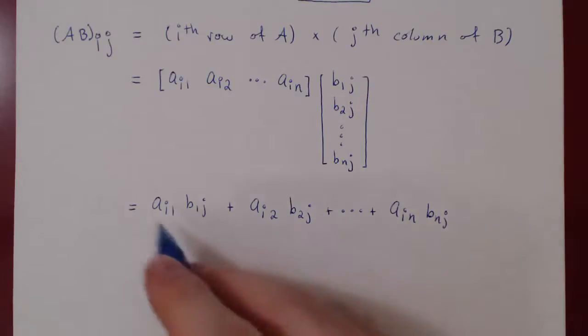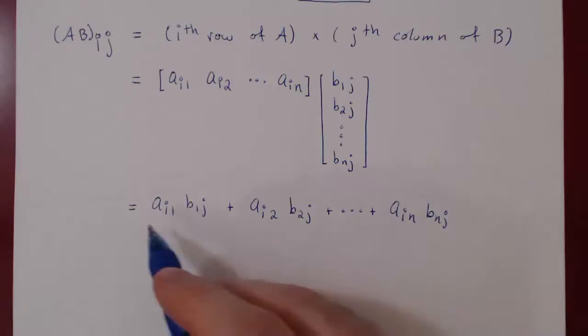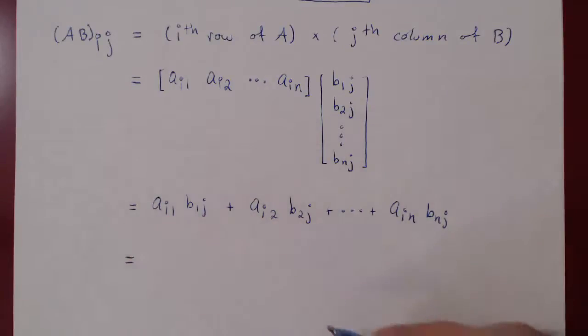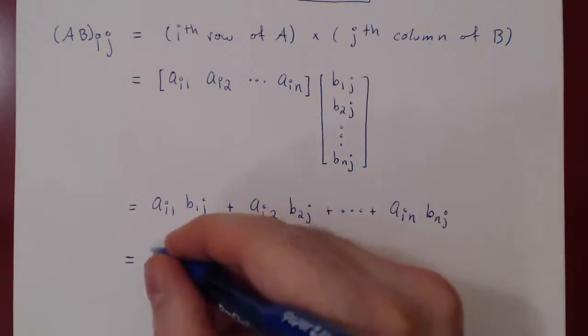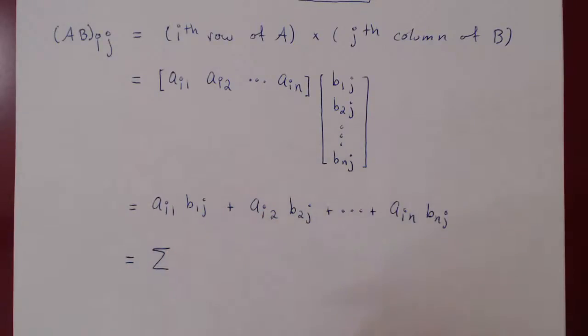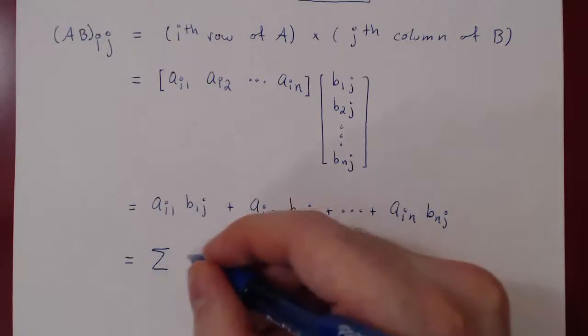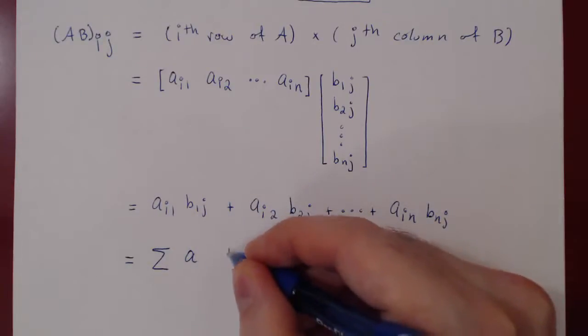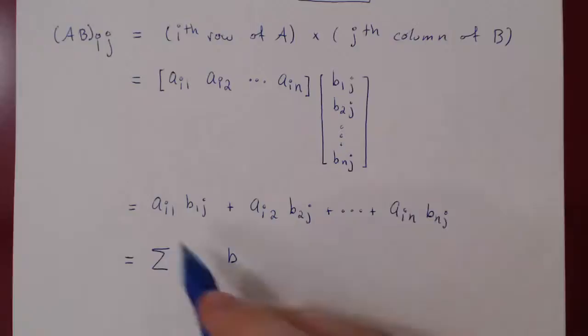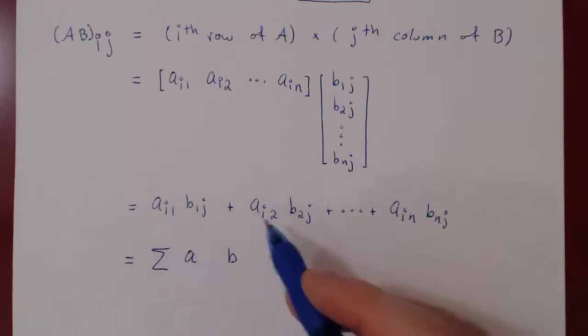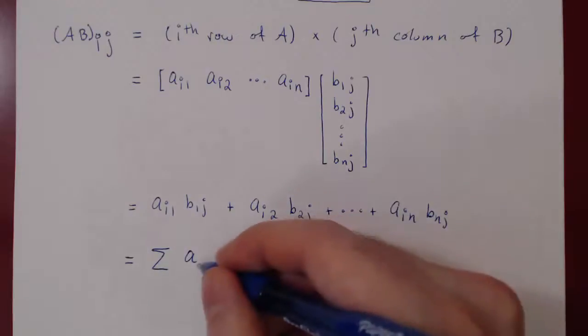Now you have the sum, and we can write this much more concisely using sigma notation. So what are we summing? We are summing entries of A times entries of B. The row index of A is always i: a_i1, a_i2, up to a_in, so that does not change.